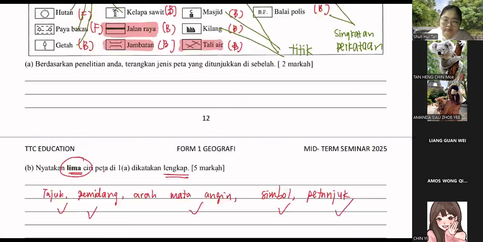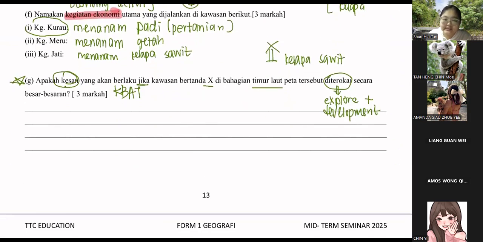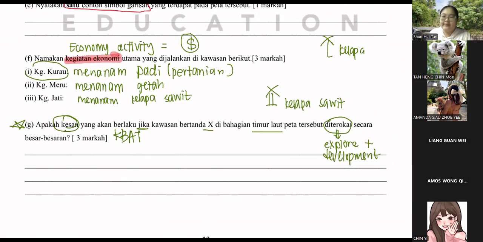So what will happen if you deforest? You chop down a tree. What will happen? Panas, okay. You can say cuaca di sekitarnya akan semakin panas. Other than that, 3 marks.